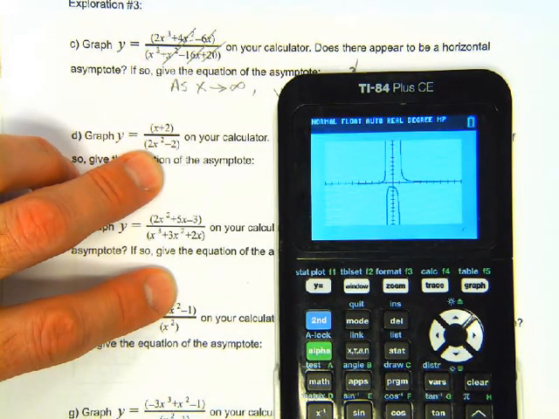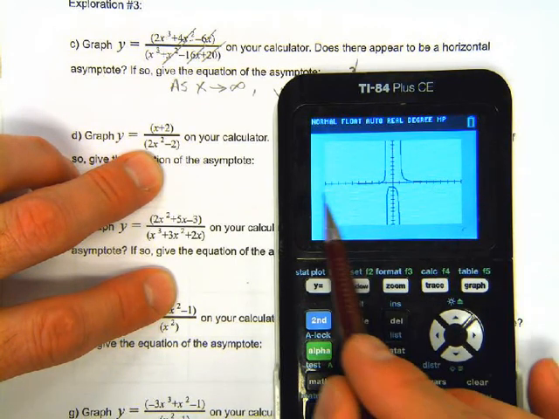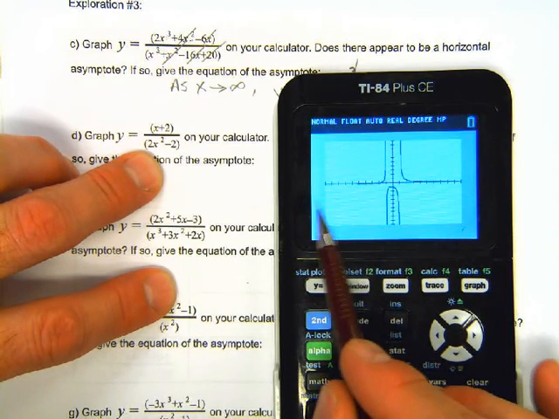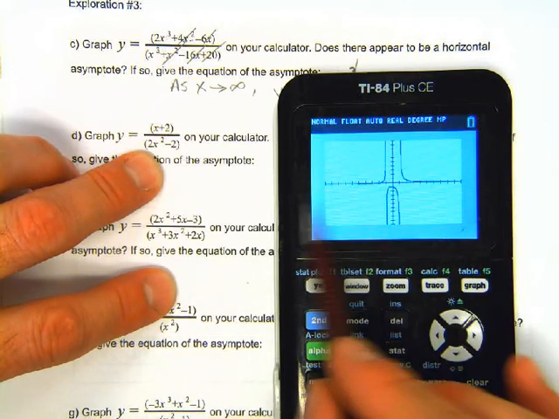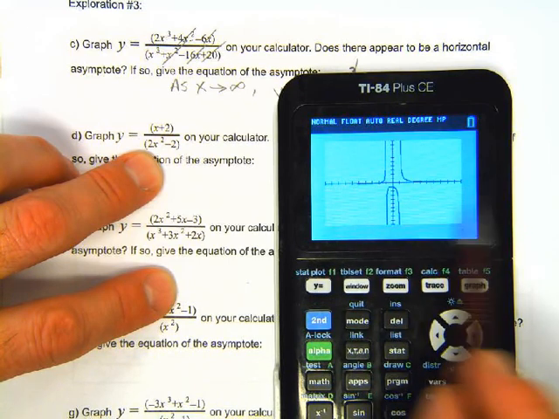Does it look like there's an asymptote there? A horizontal asymptote? Well, what's it doing way out here? Is it following a straight line? Yeah. Where does that straight line cross the y-axis?